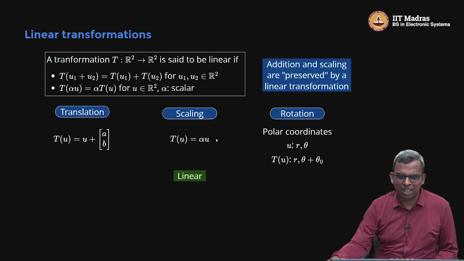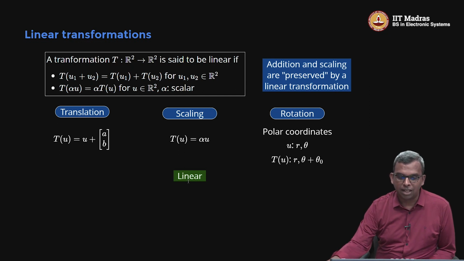So it's very direct here. And even for this one, this should be some beta rather than alpha: beta times alpha times u is also the same as alpha times beta times u. So you can see very easily that these two conditions are satisfied.